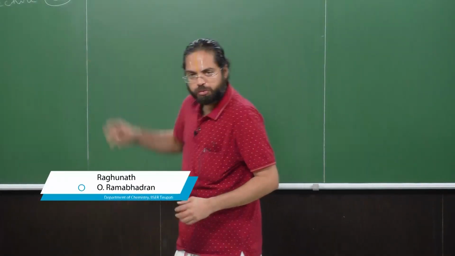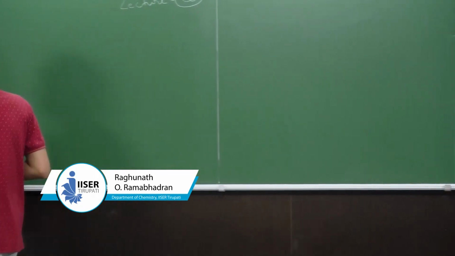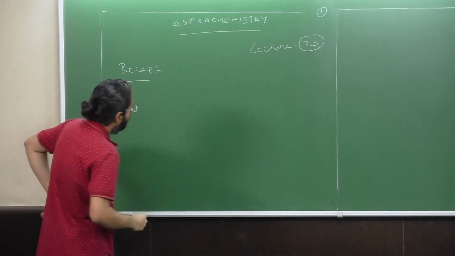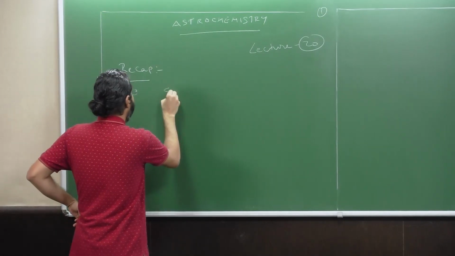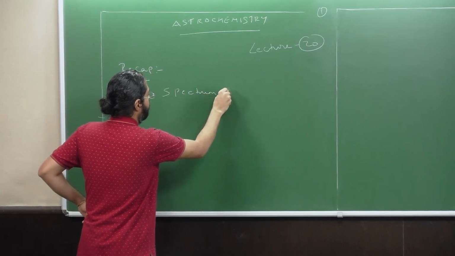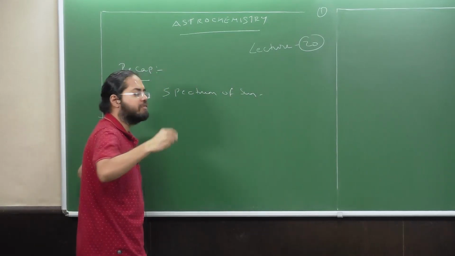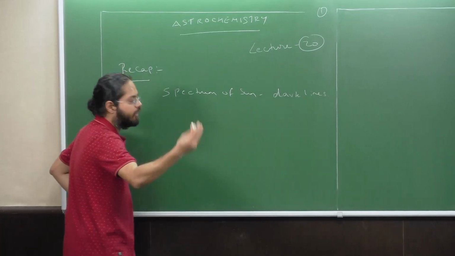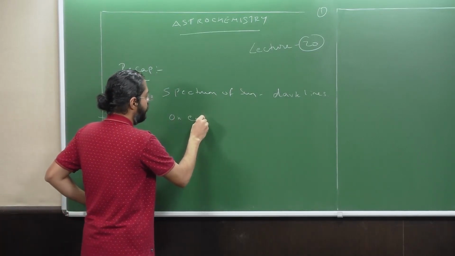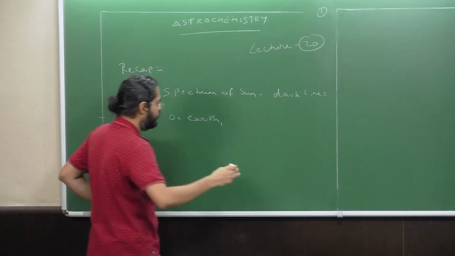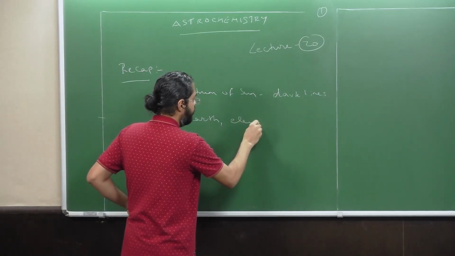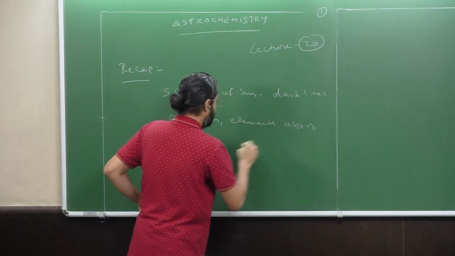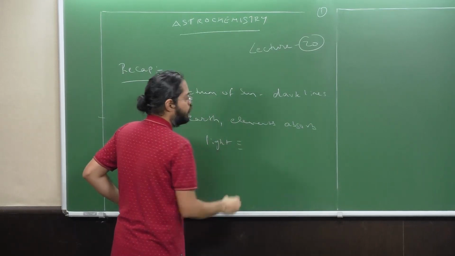Hello. So welcome to Astrochemistry. This is lecture 20. And as a quick recap, in the previous lecture, we looked into the idea that the spectrum of the sun exhibited several dark lines. Now, on Earth, it was noticed that when elements absorb light, you get dark lines.